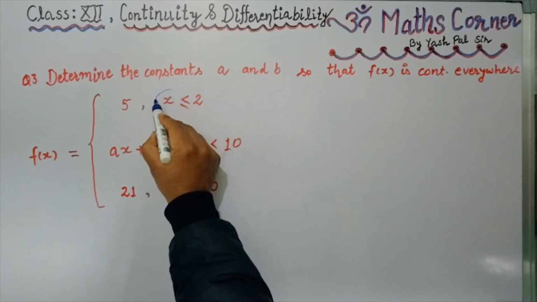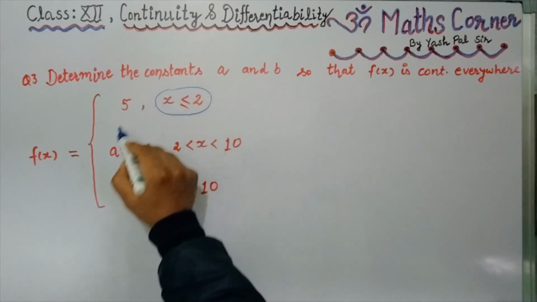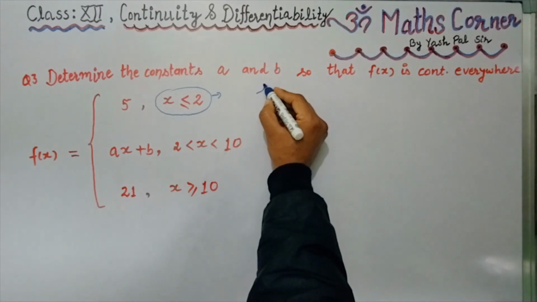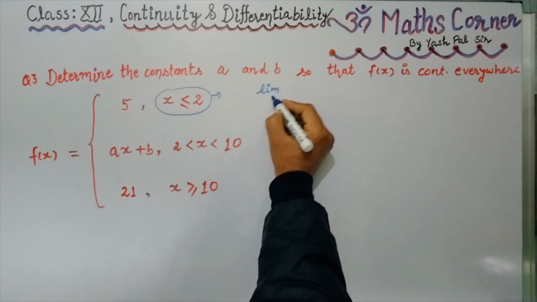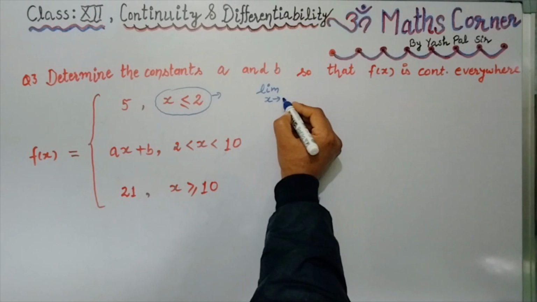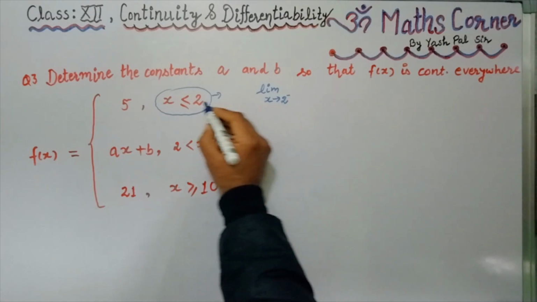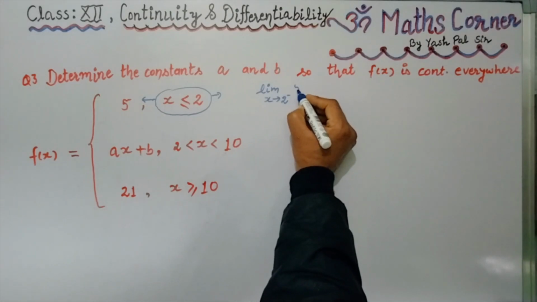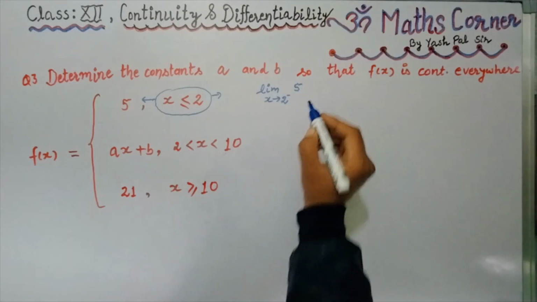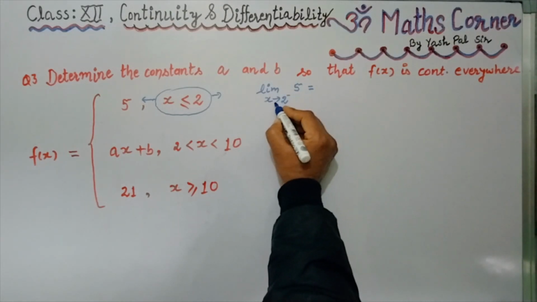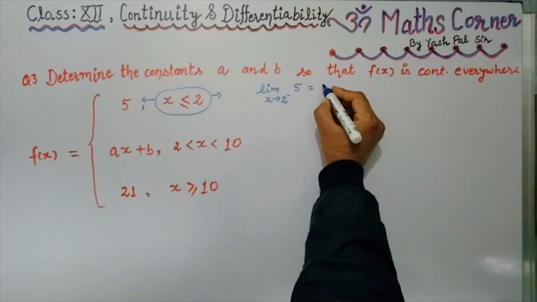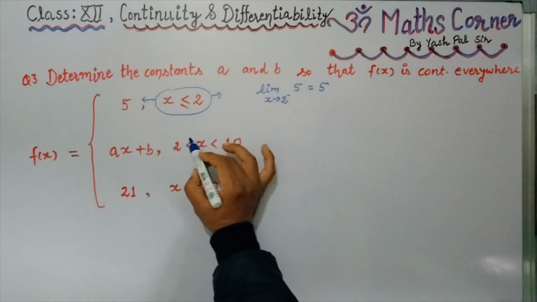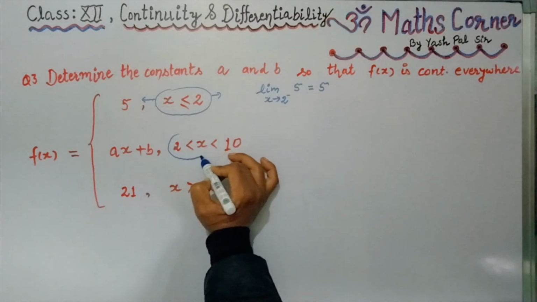So first of all, x is less than 2. X is less than 2 means the left-handed limit as x approaches 2 of the function. The value of the function here is 5, and there is no x, so this will remain as it is, 5.